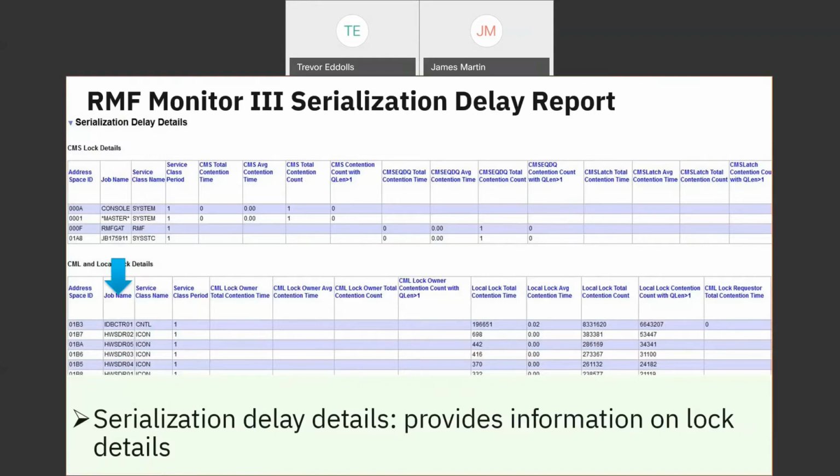So if we see high numbers in these lock total contention times and average times and things like that, which we're not really seeing in this report, but you can see that these can definitely be serialization issues within Z. How are our subsystems serialized around things like sync points and all those types of things? Just really good information for us to understand.